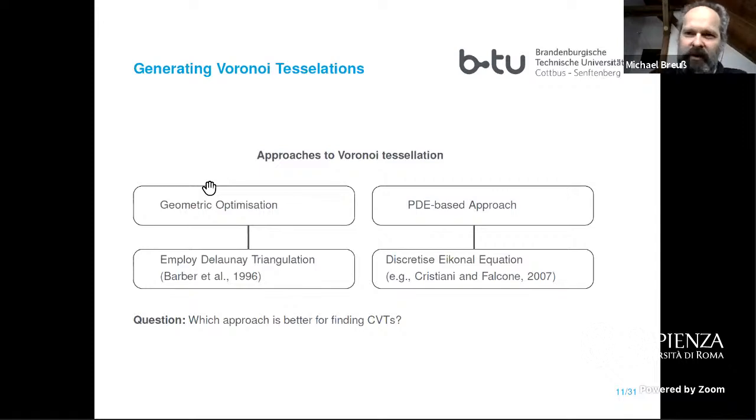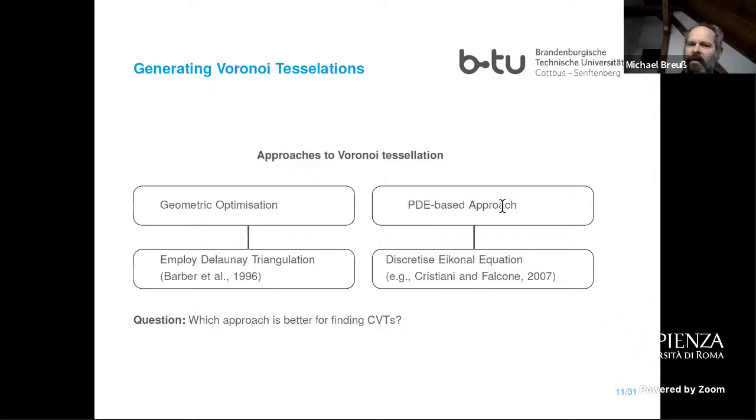It seems at the beginning very easy to do and deploys a Delaunay triangulation. It is also a classic algorithm, and it is mainly applied in MATLAB. And then you have the PDE-based approach, which relies on geodesic distances imposed with some weight, and it relies on the Eikonal equation that we have also witnessed many times. Of course, you can discretize it with many well-known schemes, finite differences, semi-Lagrangian, and so on.